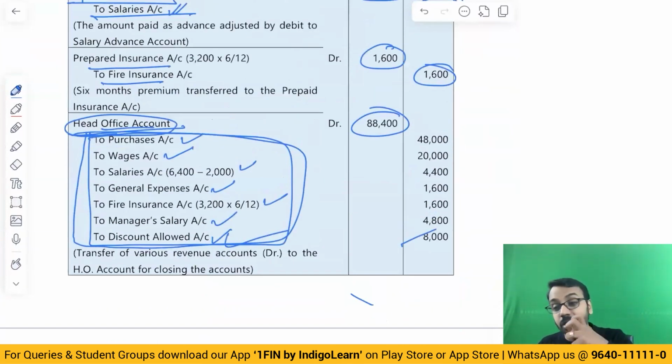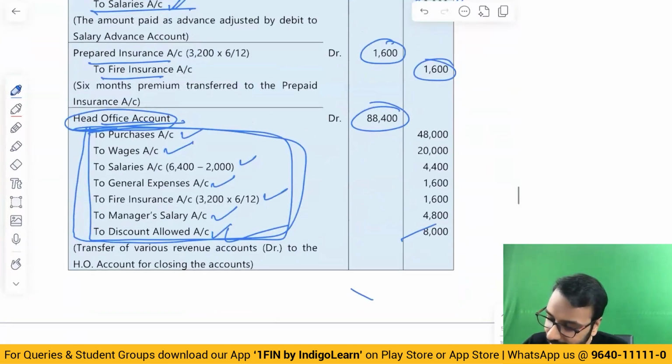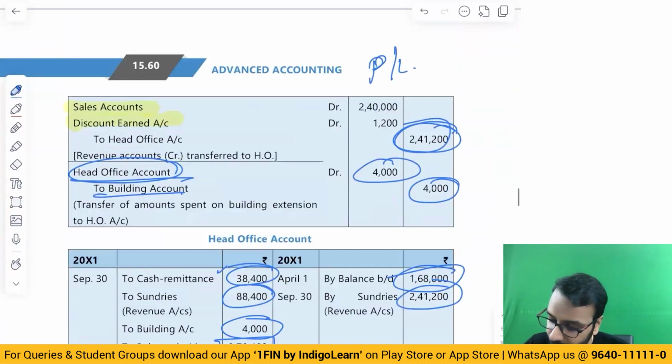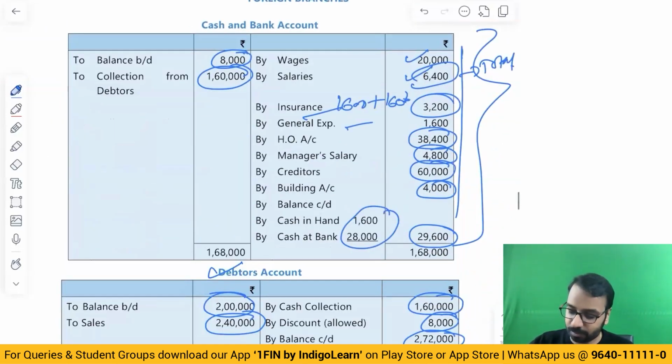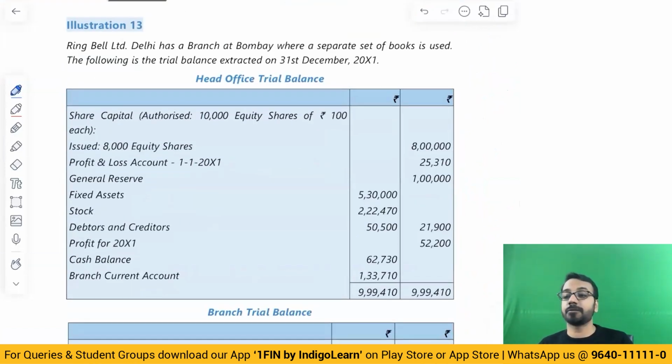So the P&L, expense is 88,400 and income is 241,200, the balance is profit. You can take head office opening balance, add profit earned during the period, less any amount transferred to head office, less building account transfer to head office. If you do that, you will get the same number. Is that clear? Any questions?